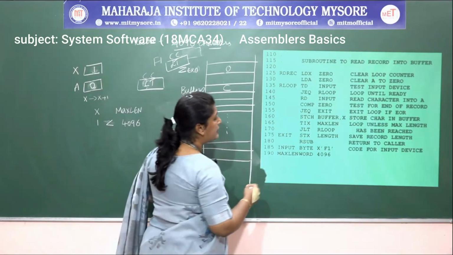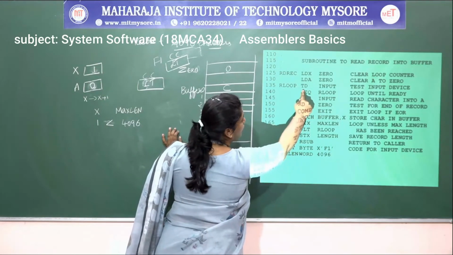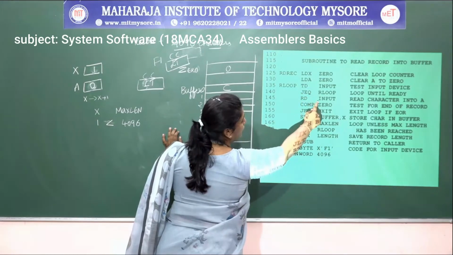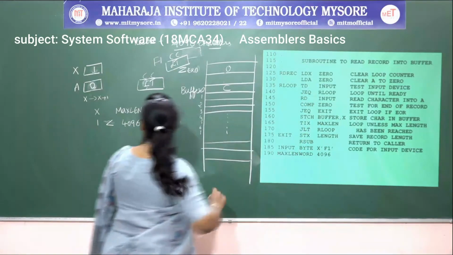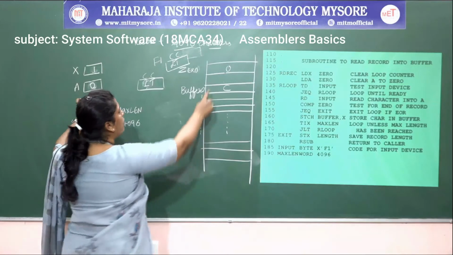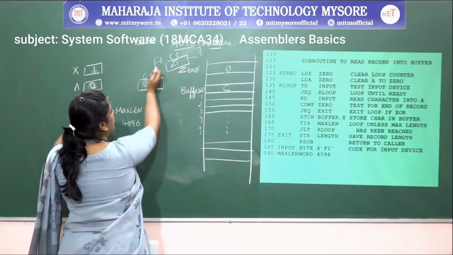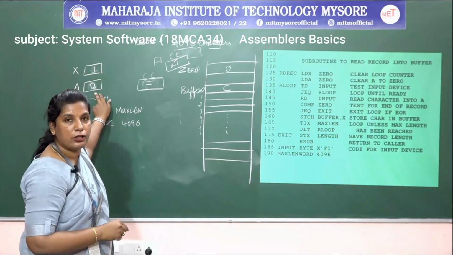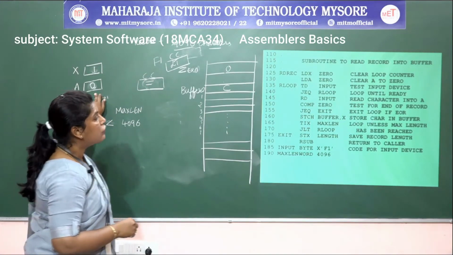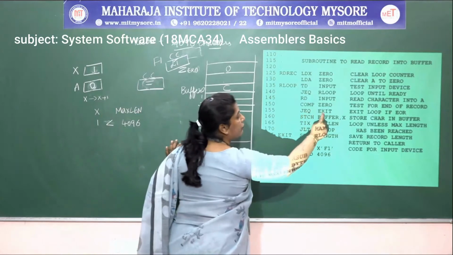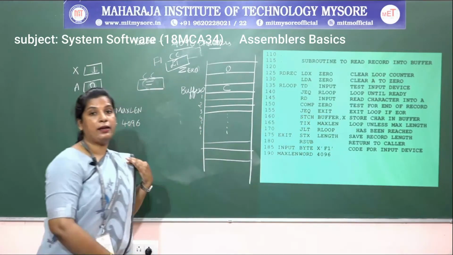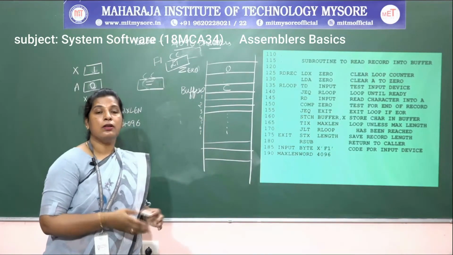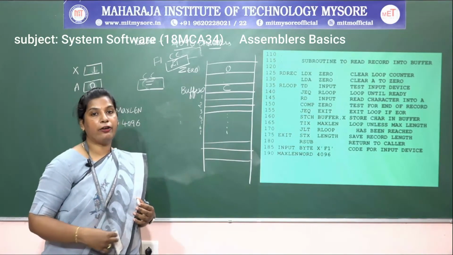So next the input device is ready, and I am going to read a 0. I want to compare that accumulator value with a 0. Both are equal, so it is going to set the conditional code flag bit as equal. If it is equal, I cannot read any more characters from an input device. That is the end of the record.